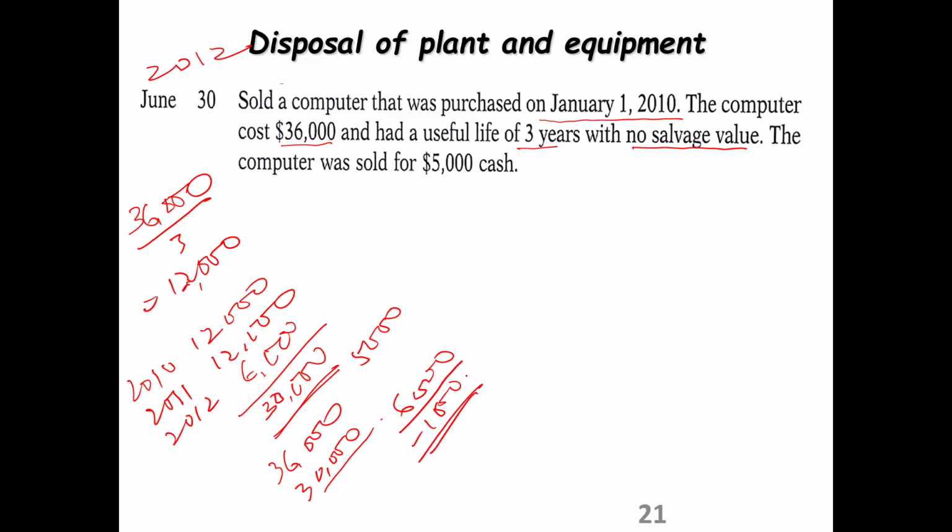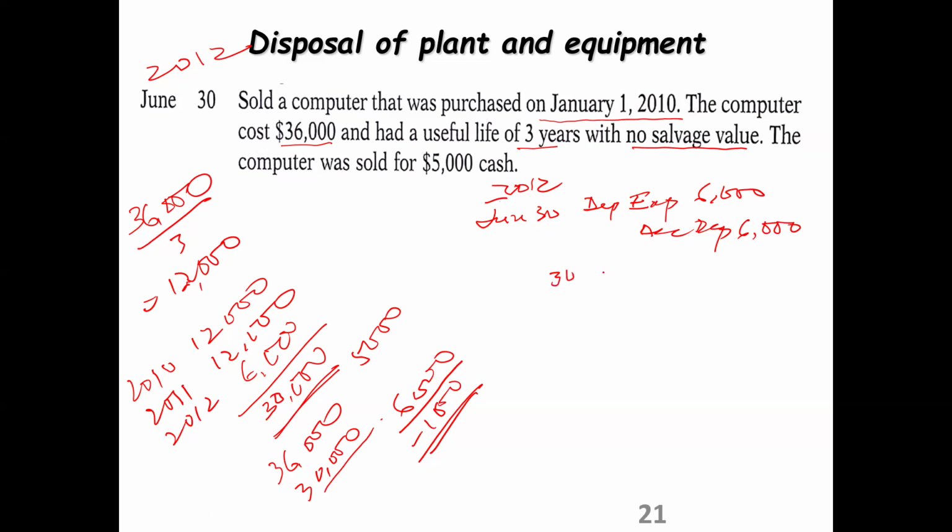So in this case, we have to first of all record on June 30th, 2012, depreciation expense debit 6,000, accumulated depreciation credit 6,000.